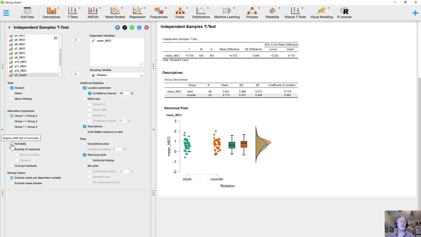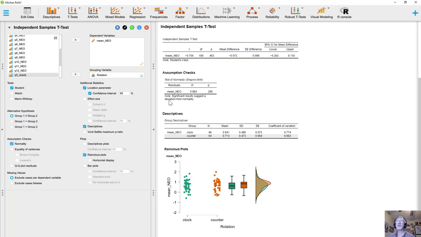If we go ahead and click on normality test here, we see that we get the Shapiro-Wilk test, which is one of several tests, and this test comes out with a probability value of 0.266. It says here that significant results suggest a deviation from normality.